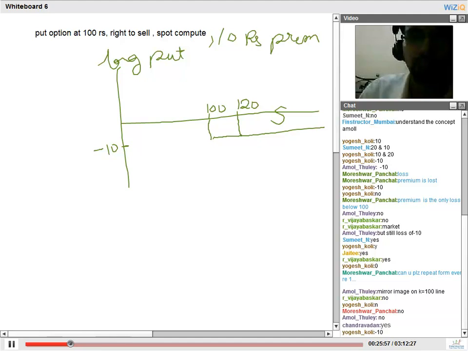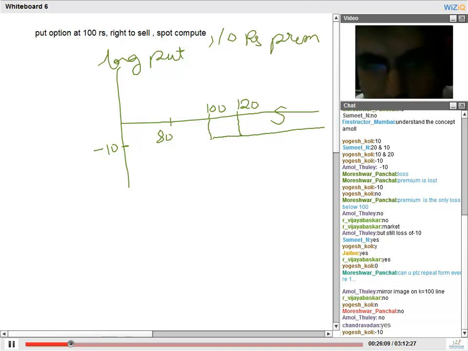Now let's say the market ends up at 80 rupees. So if the market is at 80 rupees, that means in the market if he goes about selling the asset, he will only fetch 80 rupees. However, he has an option to sell it to the counterparty for 100 rupees.